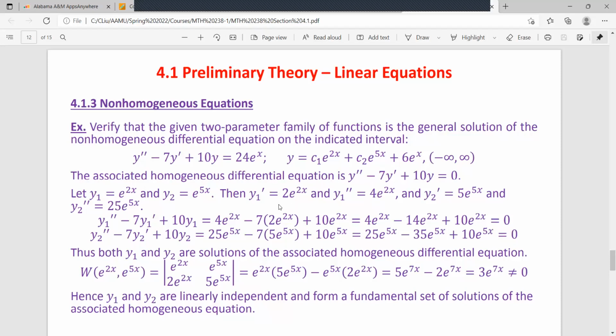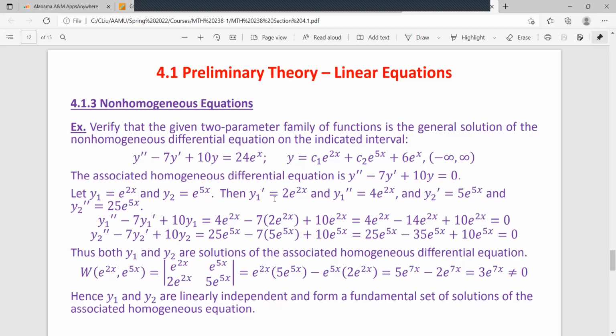To do that, we need to find the derivatives of y1 and y2. So y1 prime is just e to the 2x times the derivative of 2x, which is 2. So that's 2e to the 2x. And y2 prime is just e to the 5x times the derivative of 5x, which is 5. So y2 prime is 5e to the 5x. Then we can go one more step to find the second derivative of y1 and y2.